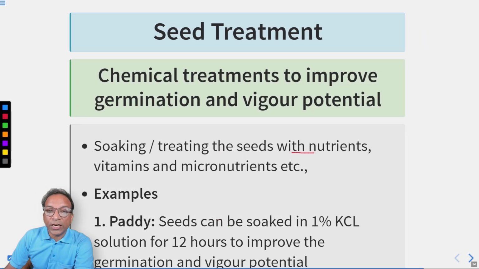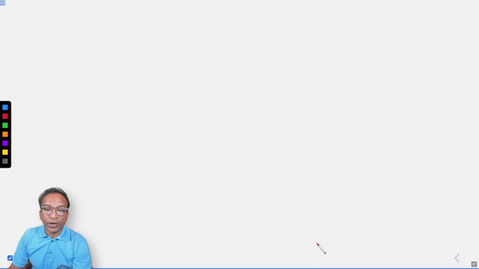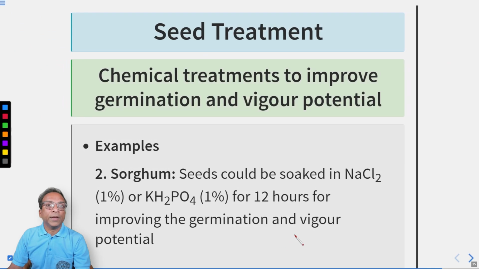Soaking, treating the seed with nutrients, vitamins and micronutrients. Chemical treatment to improve germination and vigor potential. For example, for paddy, the seed can be soaked in 1% potassium chloride solution for 12 hours to improve germination and vigor potential.